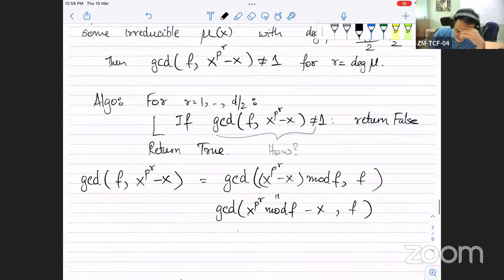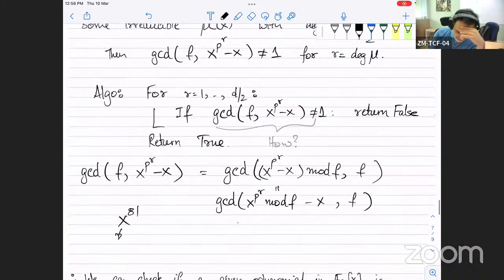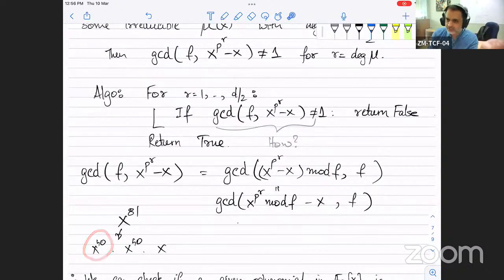So like x power p power r, suppose it was, I don't know, x power 81 mod f. I'm going to write it as x power 40 into x power 40 into x. So I will recursively compute x power 40 mod f, square that, and then multiply it with x, and then do mod again. By the way, have people not seen repeated squaring?